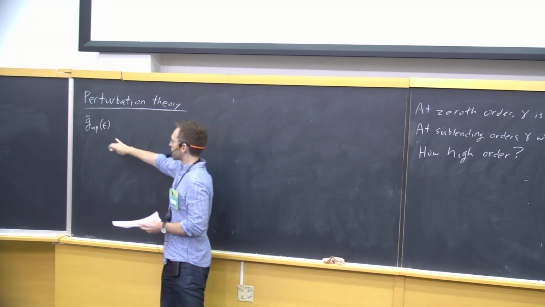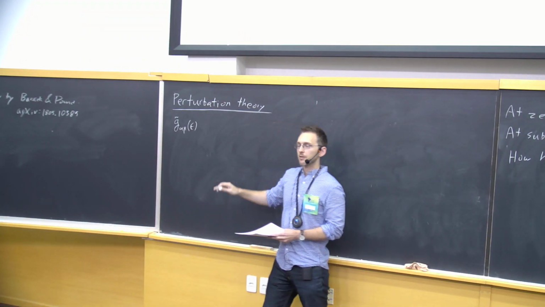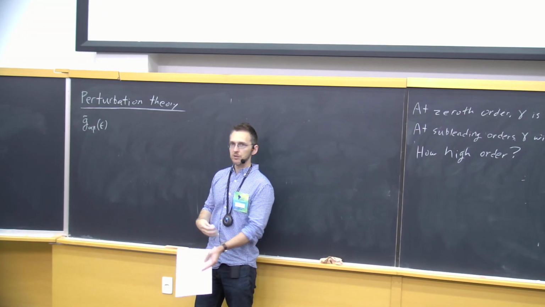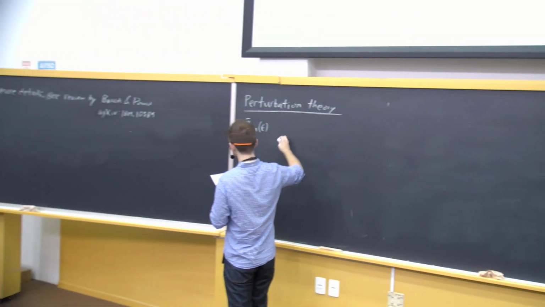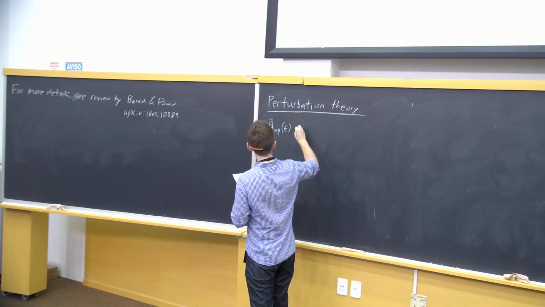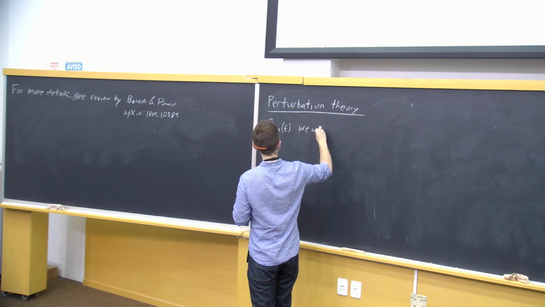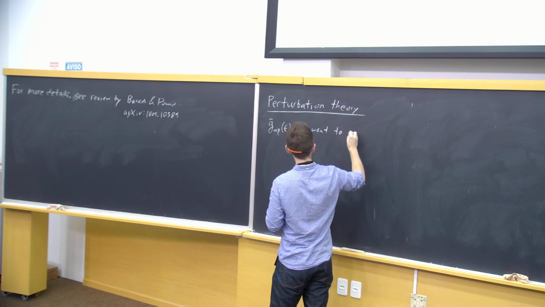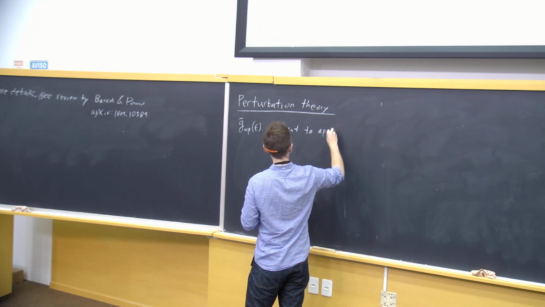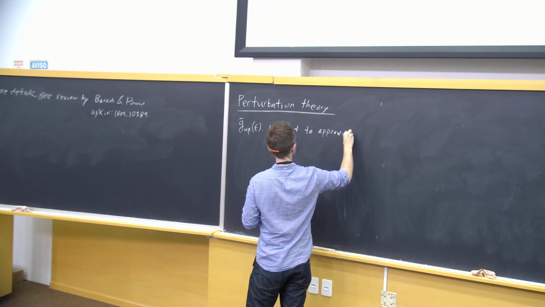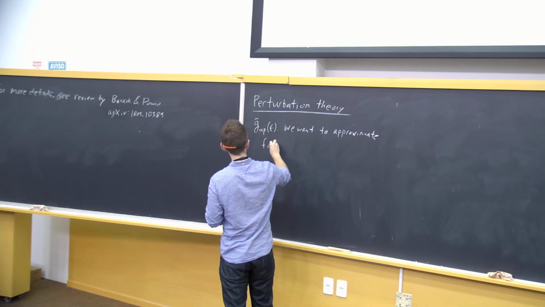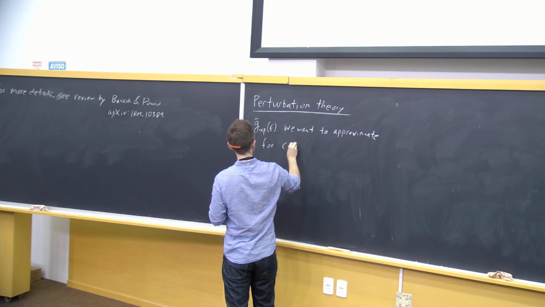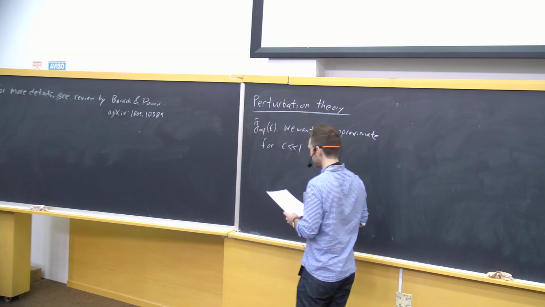In our case, epsilon will be the mass ratio, but for this whole section, you can think of epsilon as being any small quantity. We want to approximate this metric in the limit where that quantity is small, so where epsilon is much, much smaller than 1.